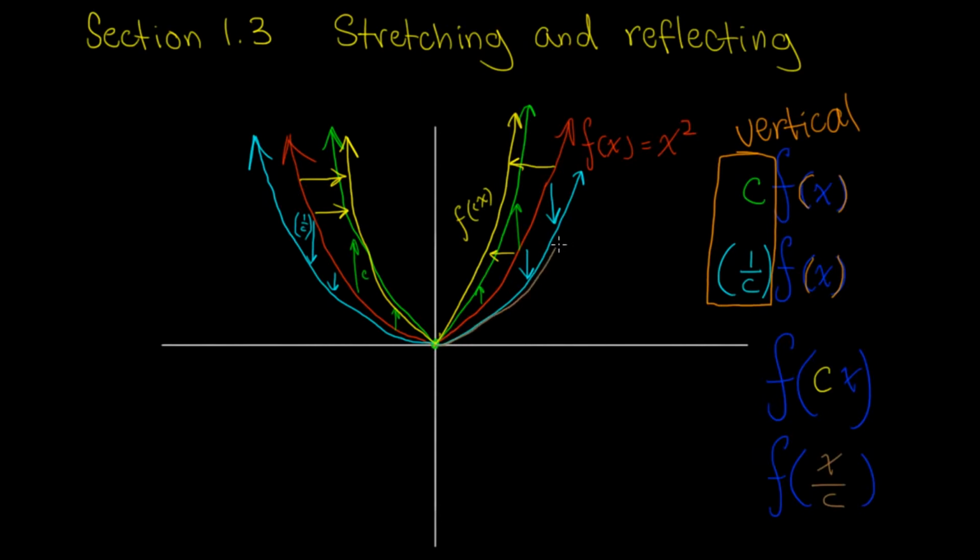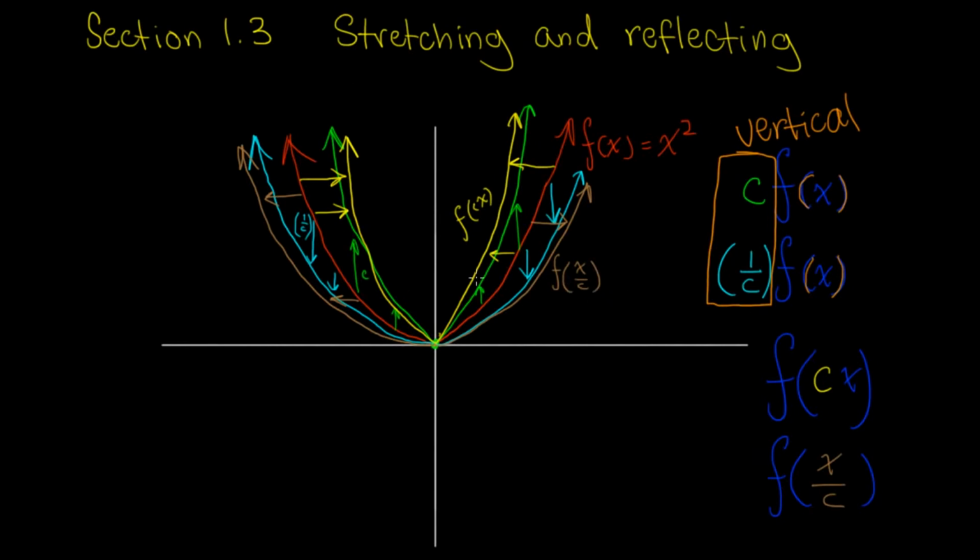That's basically this cyan color right here, it is a horizontal stretching by a factor of c. So think of it like this. The red is our original, okay, like that. Alright, so that would be stretching by a factor of c.